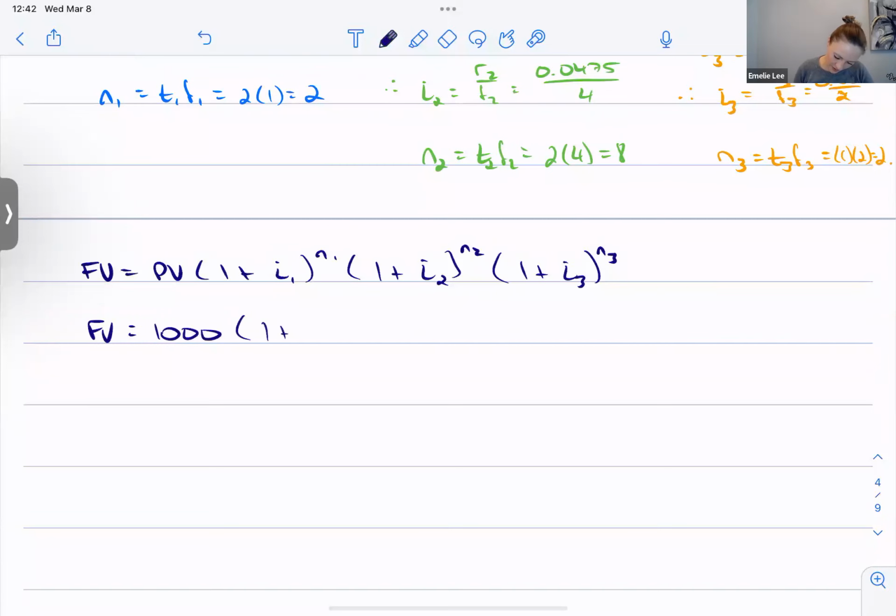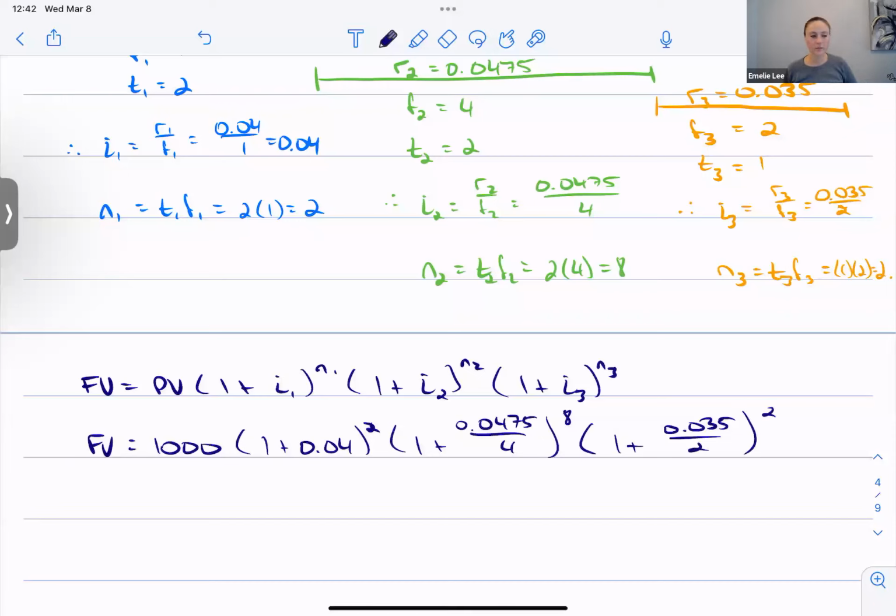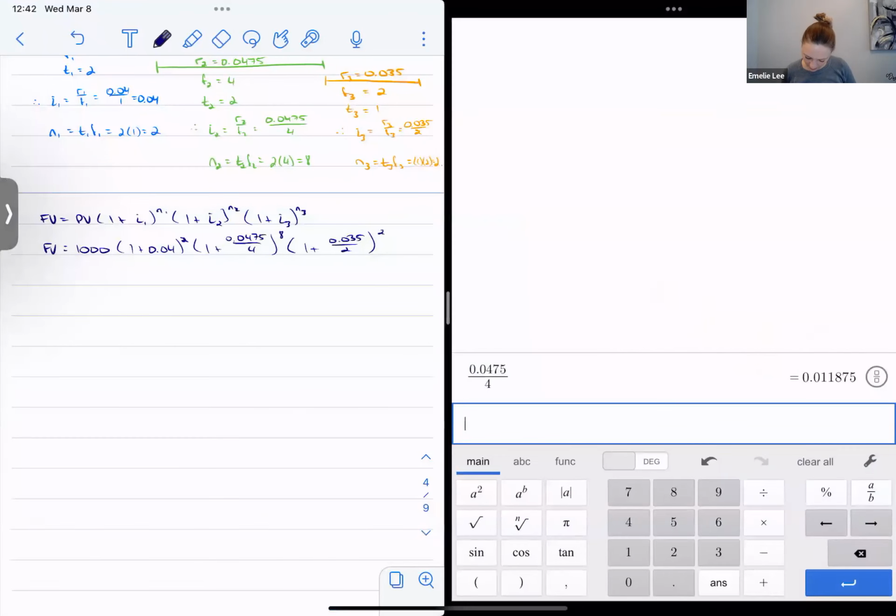So 1000 times (1 plus 0.04) to the power of 2, since we did some work here. Now we can just plug in these values: times (1 plus 0.0475 divided by 4) to the power of 8, times (1 plus 0.035 divided by 2) to the power of 2. I'm going to do this on my calculator. If I'm careful with my brackets, I can do it all in one go.